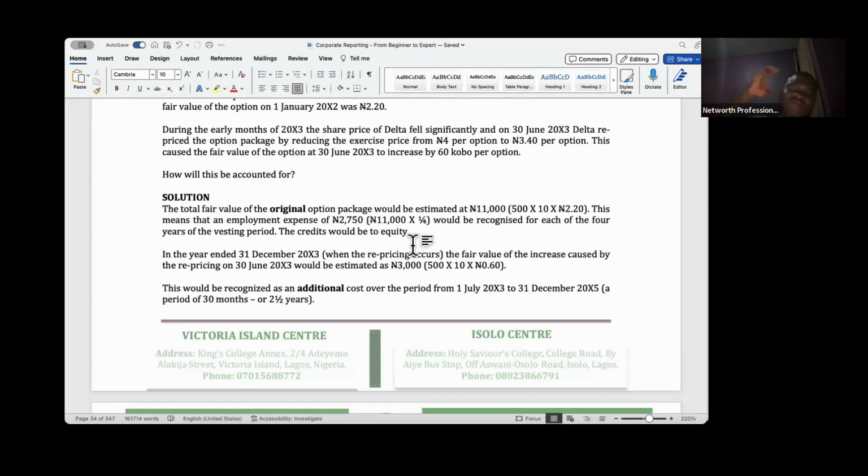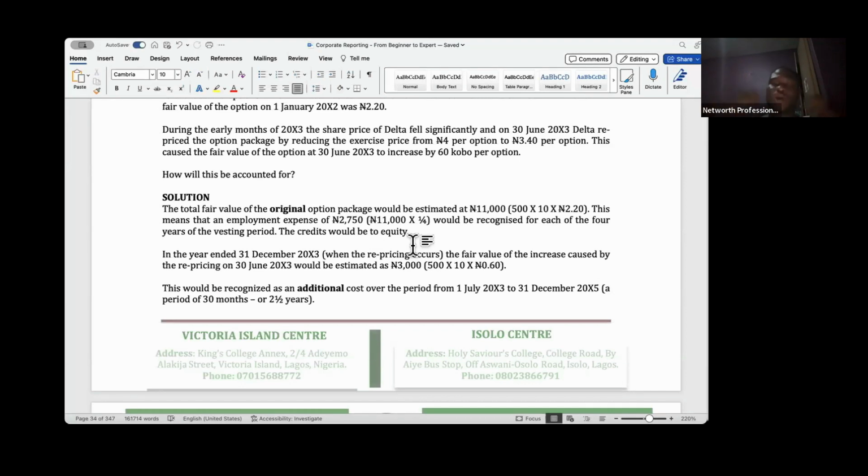They will recognize that 8,250 immediately this year. They will debit staff cost with 8,250 and credit equity reserve with 8,250, so that what is in equity reserve becomes 11,000. Now that they have recognized everything, the entity would then compensate.